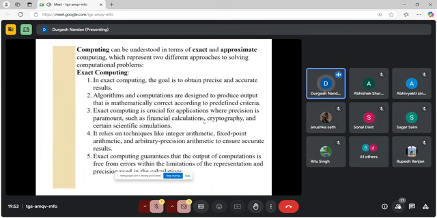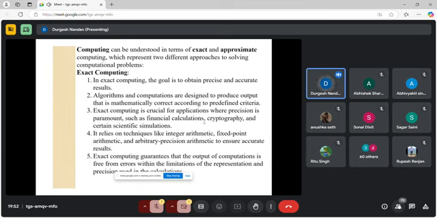If we go into computing, there are two types of computing: exact computing and approximate computing. Nowadays both approaches are very popular for computational problems. If you are not working in that field, then when you listen to my opinion, maybe you will start thinking that approximate computing is also used nowadays for computational problems.